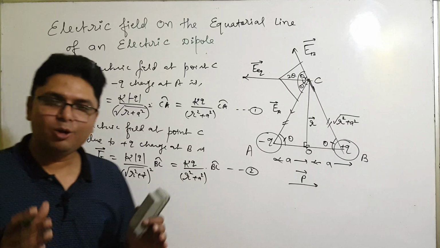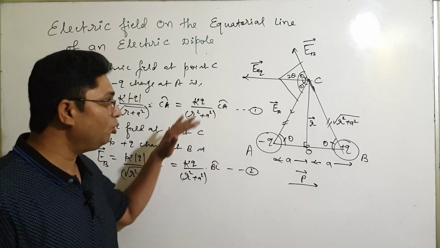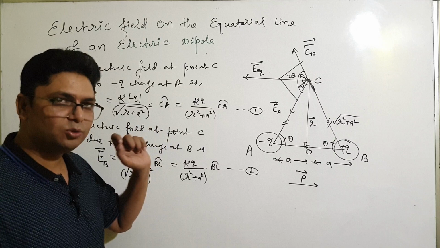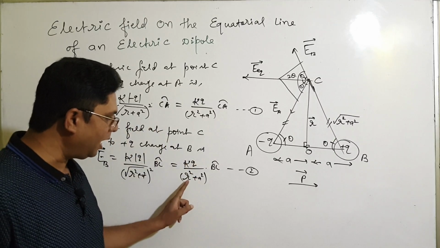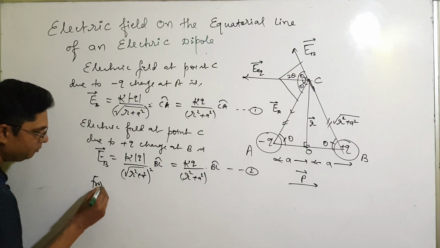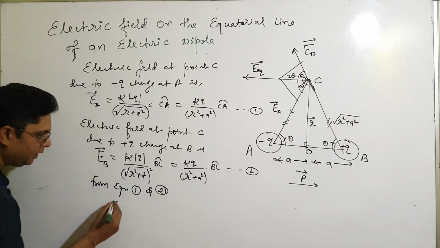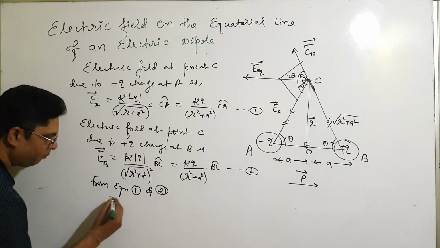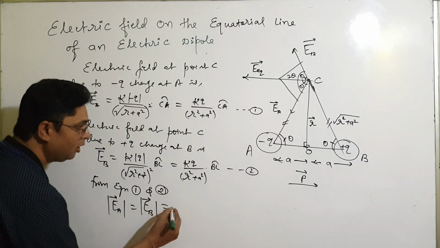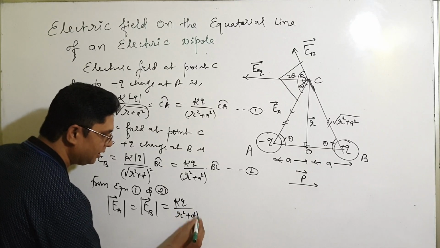Equation number 2 and equation number 1, when you observe them, you find that both these equations have the same magnitude, KQ upon r square plus a square. So the magnitude is the same. So we can write from equations 1 and 2, the magnitude of EA is equal to the magnitude of EB, which is equal to KQ upon r square plus a square.